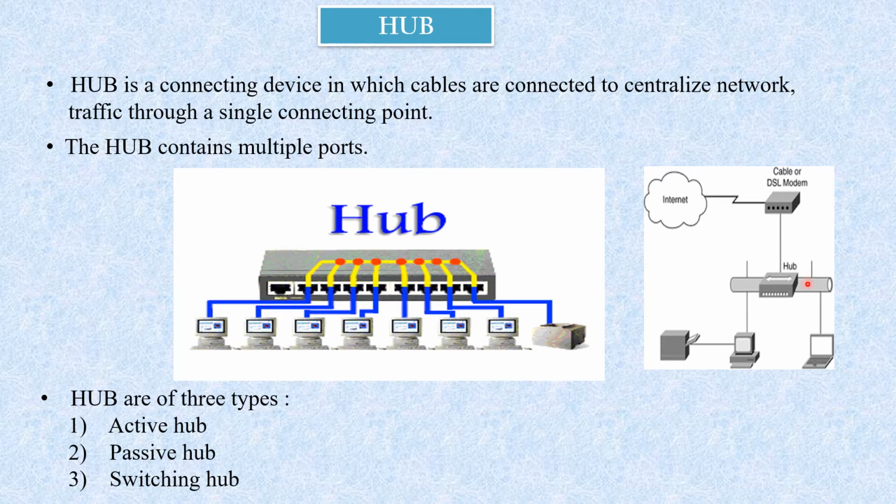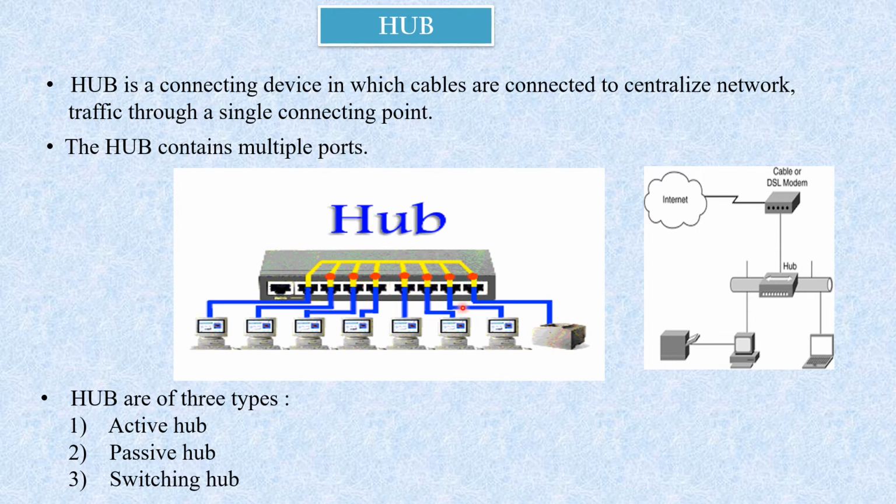Here you can see the hub is connected to the modem and then to the internet, and whatever data is received is transmitted to all the nodes. There are three types of hub: active hub, passive hub and switching hub. Clear? See here, all the data packets are coming and then all the nodes can see all the packets.